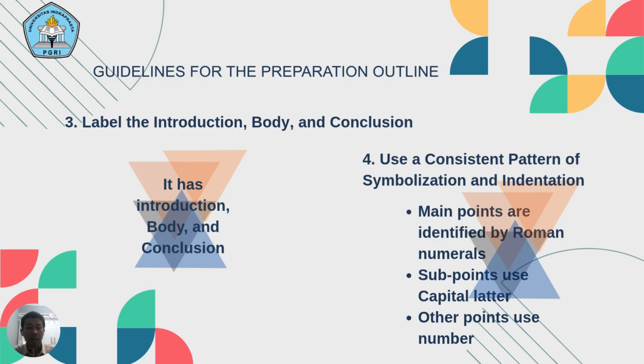Main points are identified by Roman numerals. Roman numerals identify the main points of the speech. 2. Subpoints use capital letters like A, B, C, and so on.